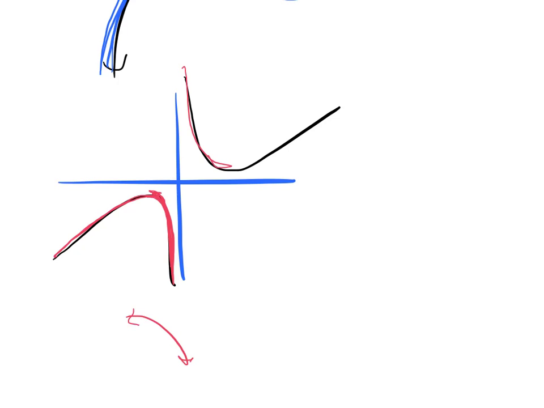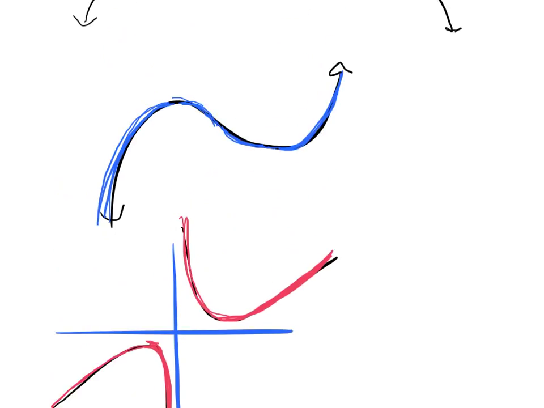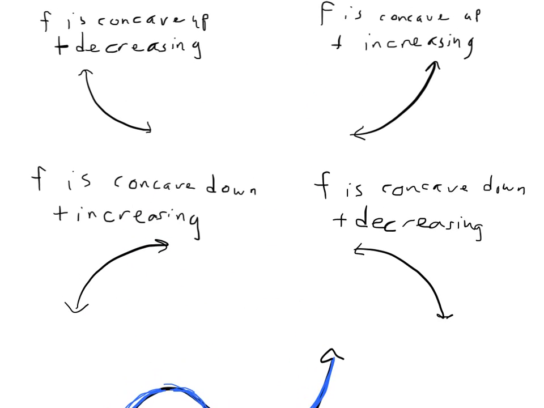This is decreasing in concave up. This is increasing in concave up. And so the idea is simply we can construct functions using these pieces, and if you can get these 4 pieces memorized and where they come from, like the fact that they're concave up decreasing, concave up increasing, and so on, it's going to be easier for you to construct these functions that we're going to look at.